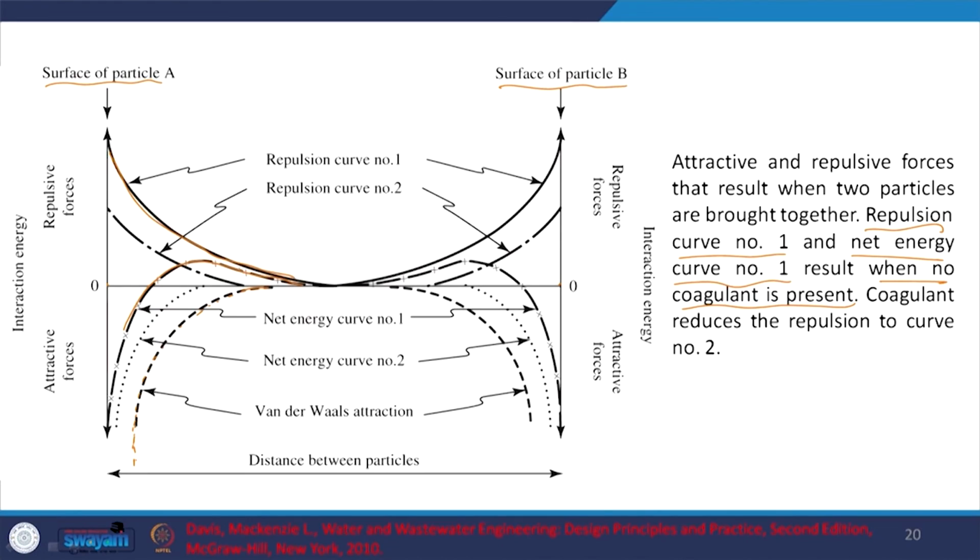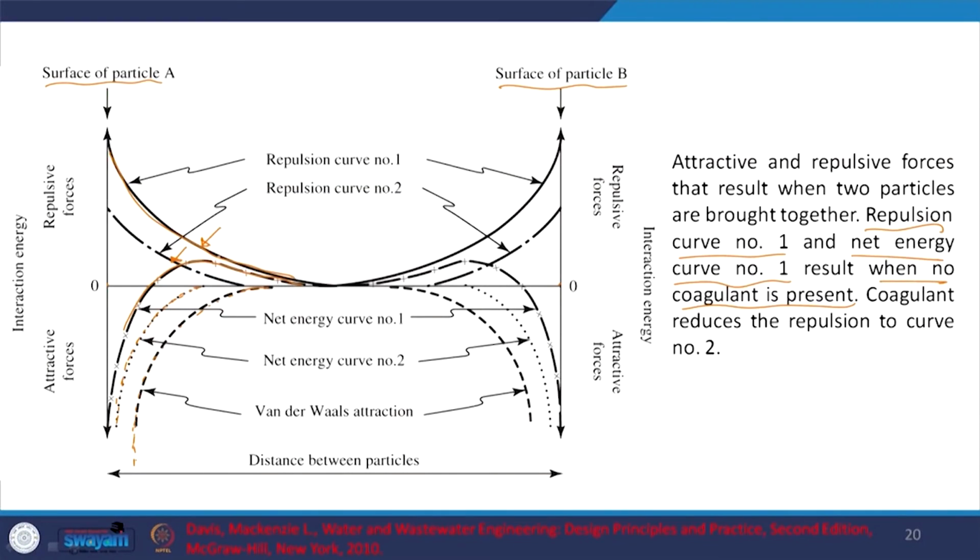So, if I can decrease this repulsion from there to here, then the net will be like this: as it comes nearer, you will have a net attractive force. How do I do that? I can neutralize the charge on this particular colloid, which was what was causing the electrostatic repulsion.